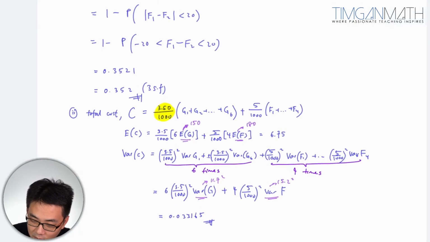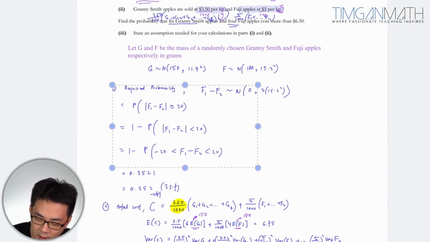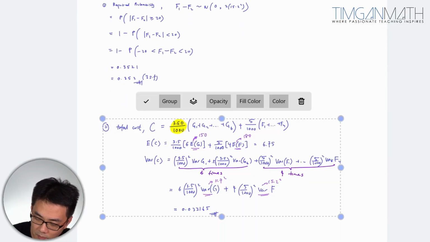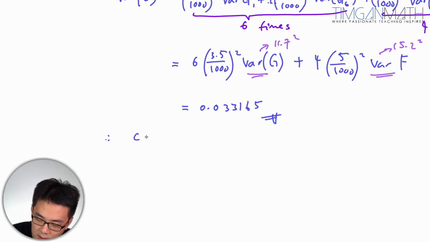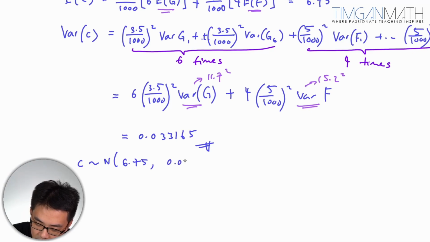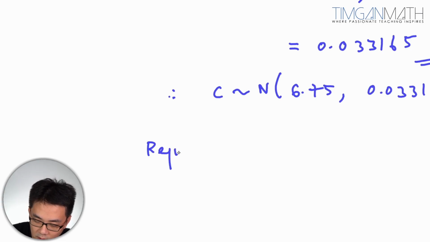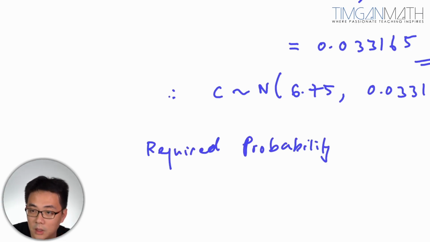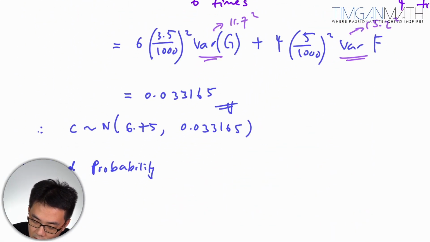Then you know that the total cost here follows a normal distribution, so C is normally distributed with mean 6.75 and variance 0.033165. The required probability you want to find is that C is more than 6.50, so P(C > 6.50).